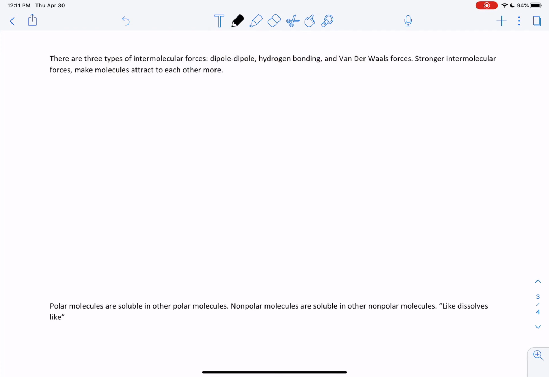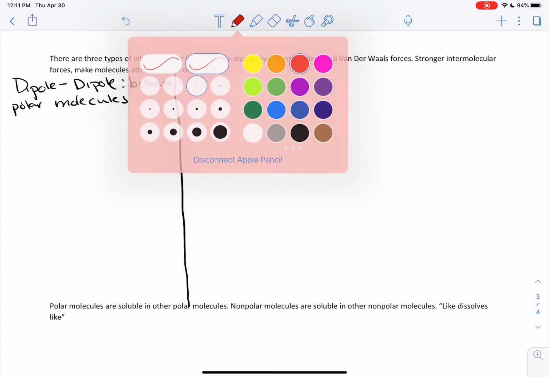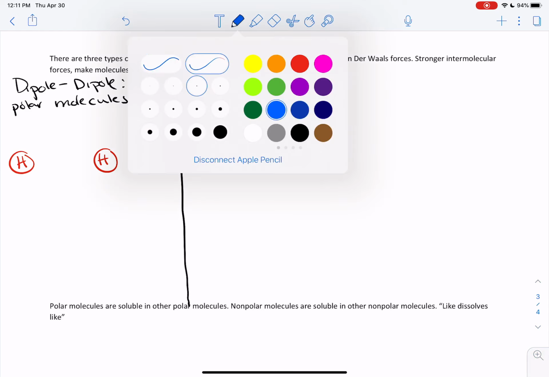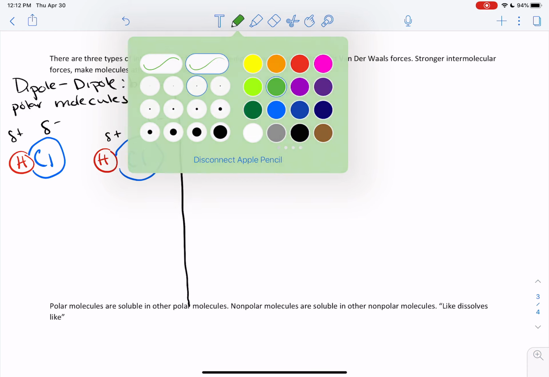So the first type is dipole-dipole, which is what we already talked about. Okay, and this is between polar molecules. Okay, so if we have something like hydrogen chloride, then we know that the chlorine is partial negative, the hydrogen is partial positive, because that chlorine attracts the electrons more.